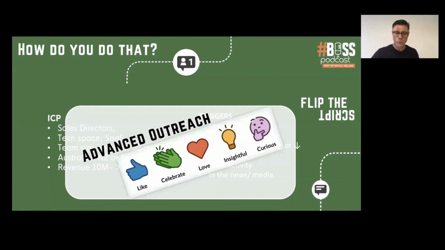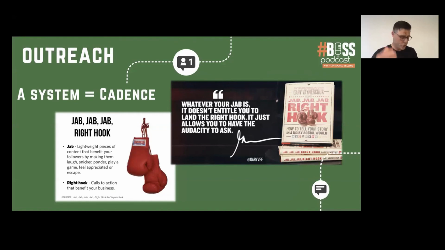Okay. Well, so the second part. Remember, we've got flip the script. I spoke about that. We're going to get to everyone's expectations and flip that around. A lot of you will know Gary Vee and his third book, Jab, Jab, Jab, Right Hook. So we're going to use this concept aligned with flip the script to create our own outbound cadence.